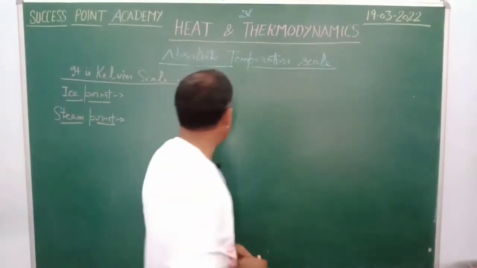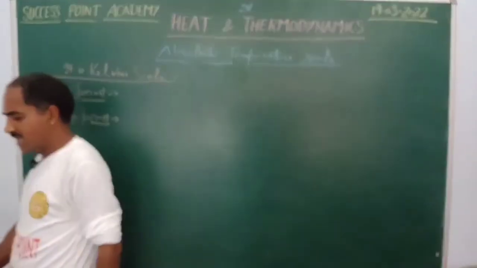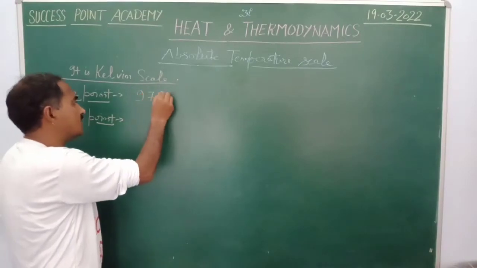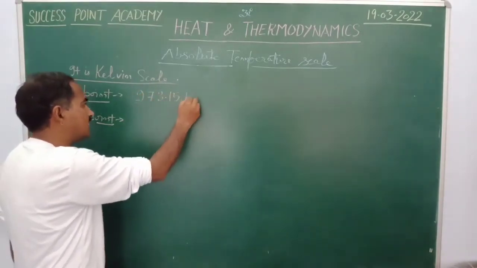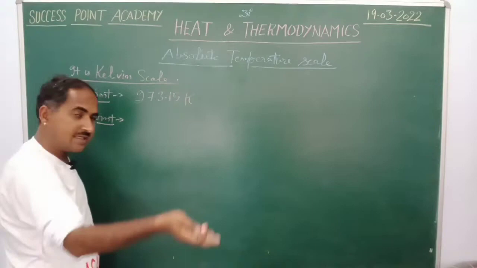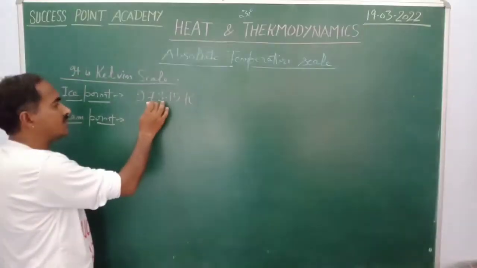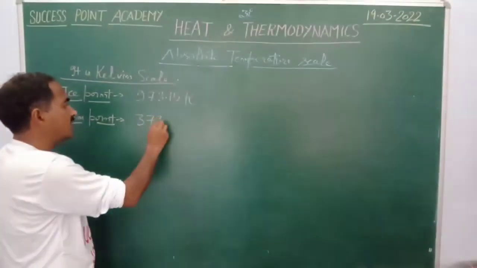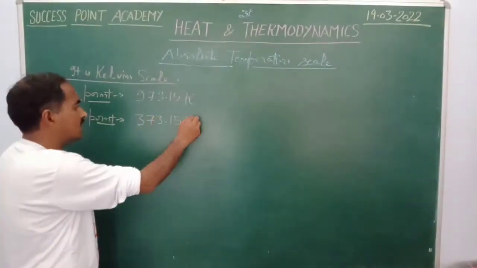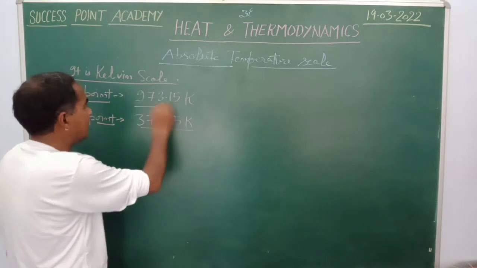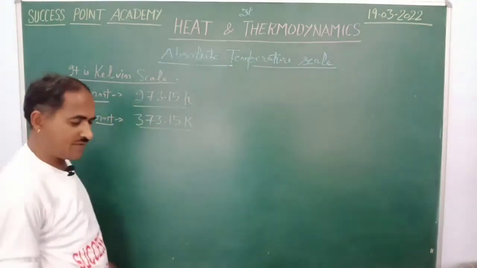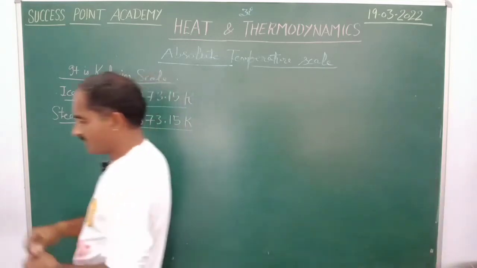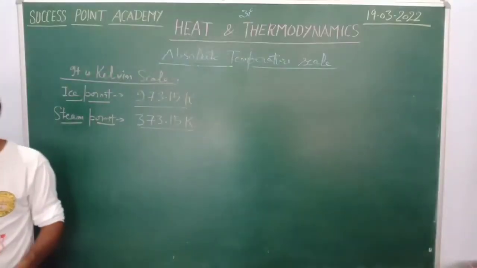You know 273.15 Kelvin is 0 degree Celsius, and for 100 degrees Celsius it will be 273.15 plus 100, so 373.15 Kelvin. These are the ice point, meaning freezing point, and the steam point, boiling point, on the Kelvin scale. So you should note this carefully.